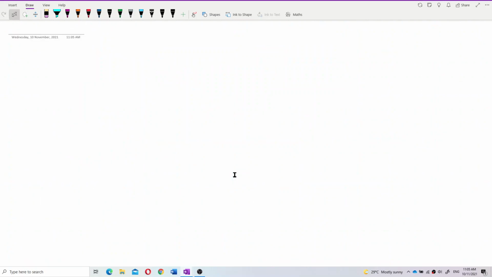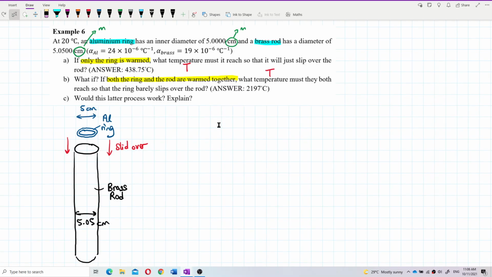Okay. So when we heat up the aluminium, it will expand from 5 cm going up to become bigger and bigger. So at what temperature will it slip over? That means this aluminum has to expand until bigger than 5.05 centimeter, then only can it slip over.